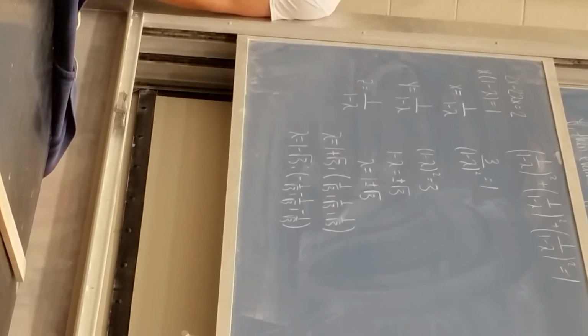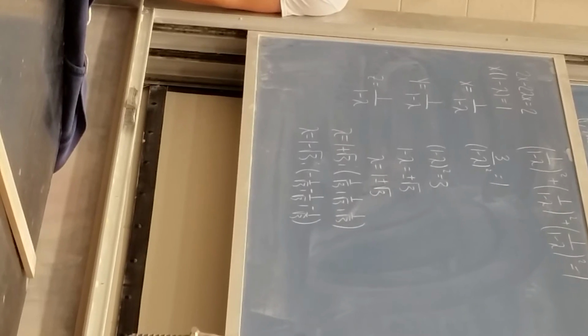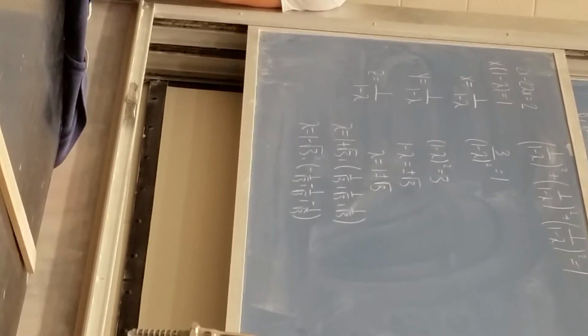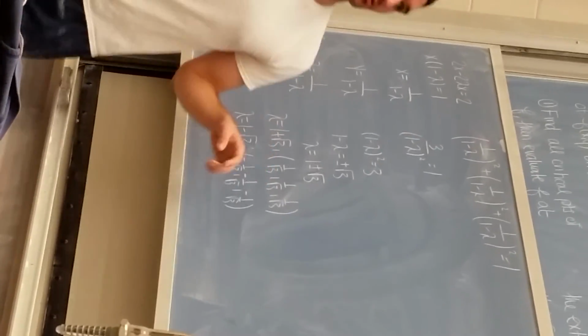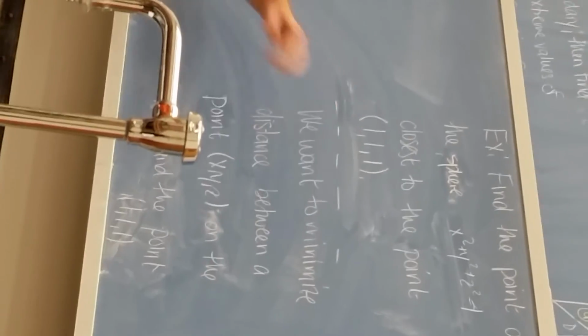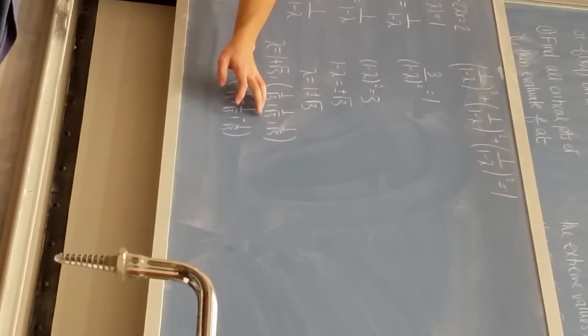Now we can tell quickly, without having to do more math. One of them has all negative coordinates, one of them has all positive coordinates, and we're trying to see which one is closer to something with all positive coordinates. So obviously this one has to be the closest.